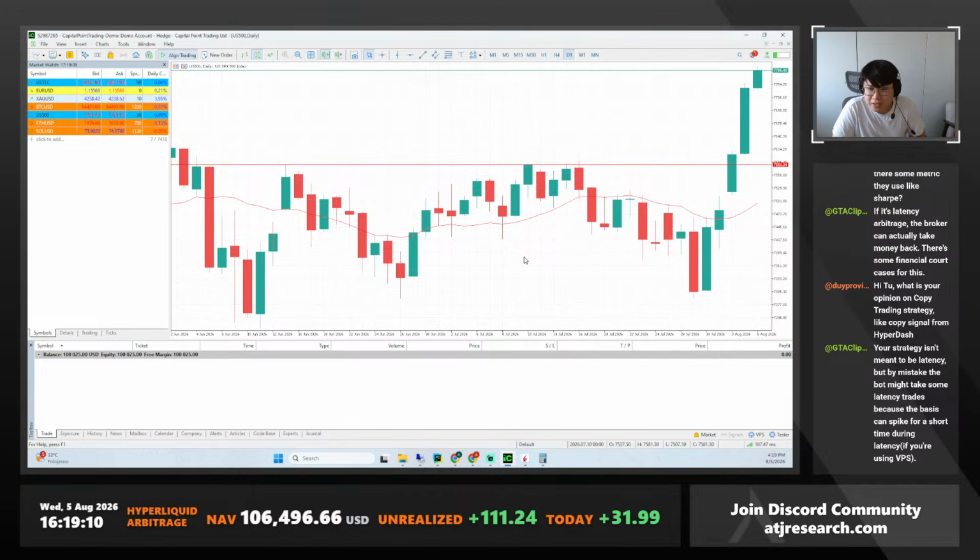Your strategy is meant to be latency, but by mistake, the bot might take some latency trades, because basis can spike for a short time during latency if you're using VPS. I mean, yeah, it could theoretically happen, right? But I think the broker would let me know ahead of time, right? Because if one trade randomly was a latency spike out of 10 or 20, then it could be called luck, right?